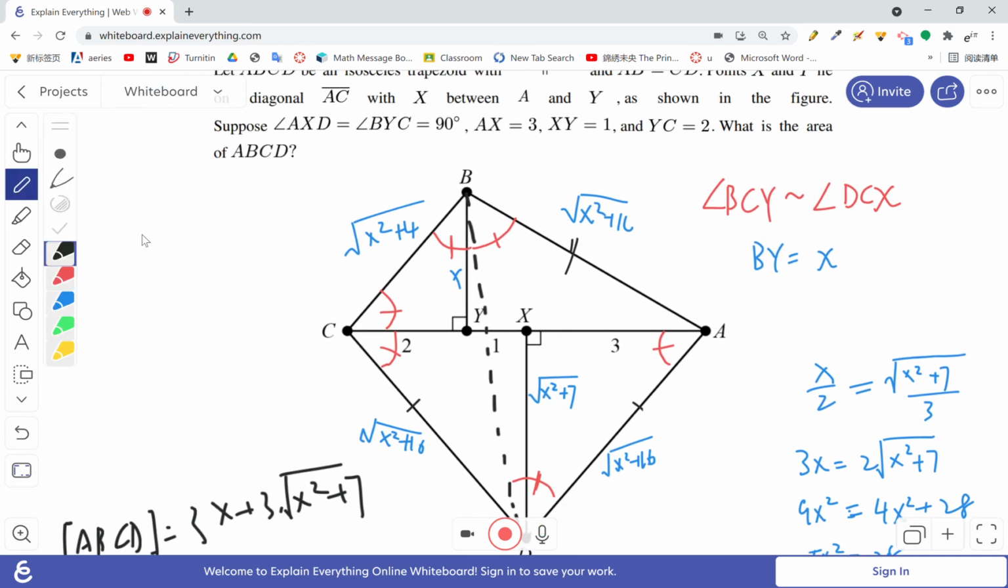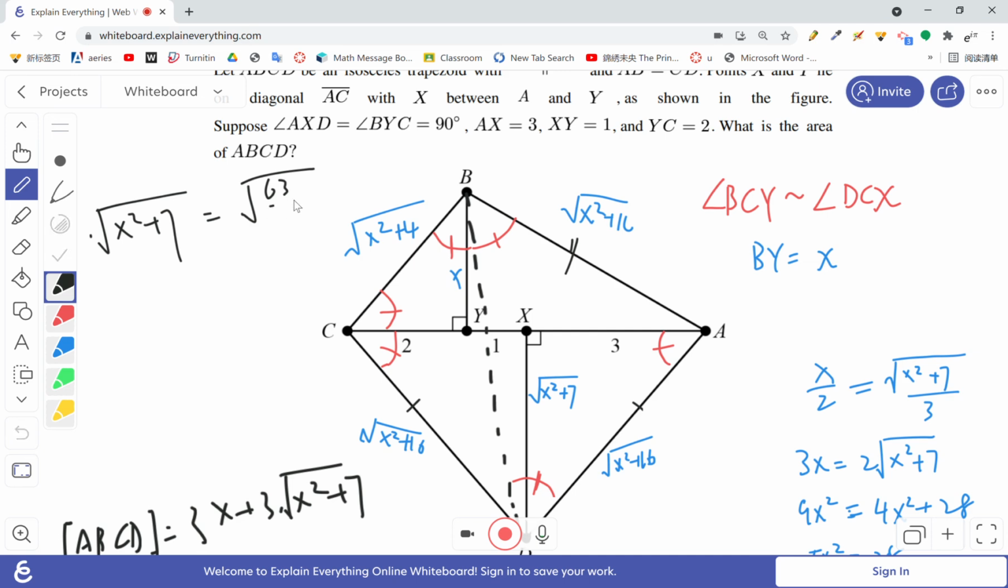We first want to find the square root of x squared plus 7, which is the square root of 63 over 5. After we solve this and rationalize, it's 3 root 7 over root 5, which is 3 times the square root of 35 over 5.